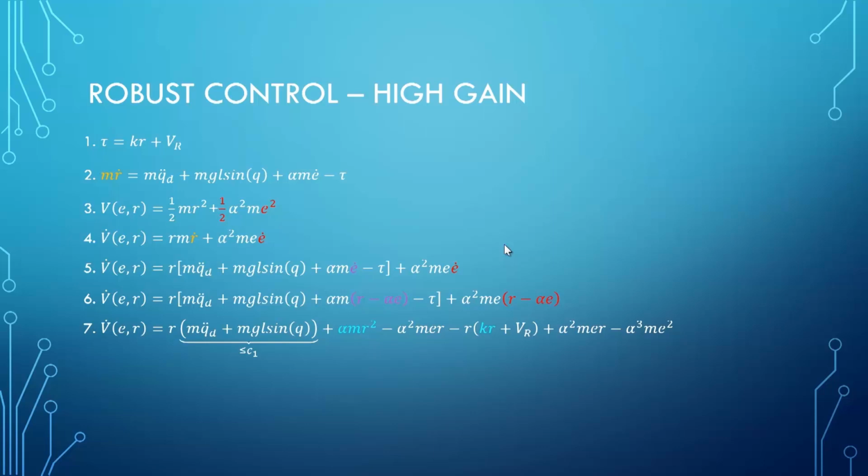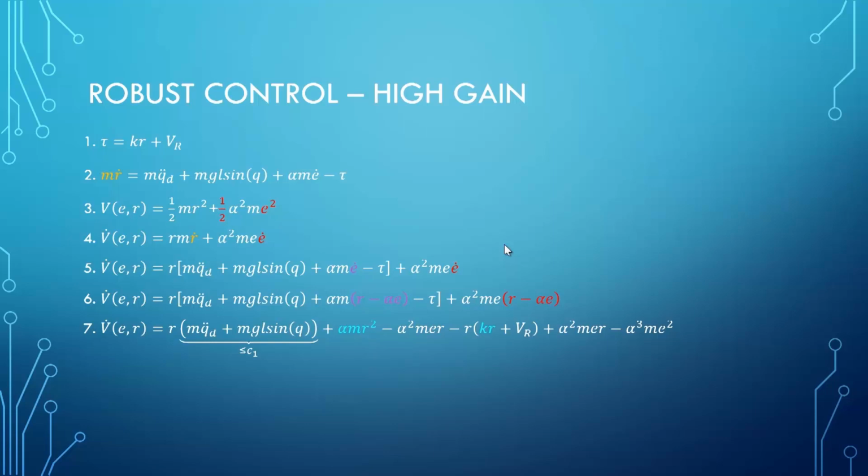But here the problem is here. You see r, right? It's not r squared, it's only r. And this is a known term, right? M is unknown, L is unknown. So basically this term is unknown.